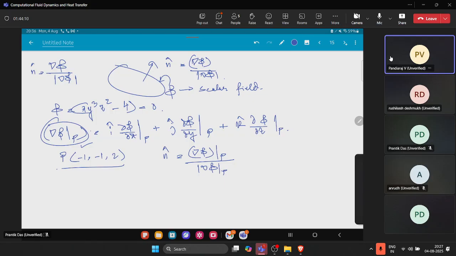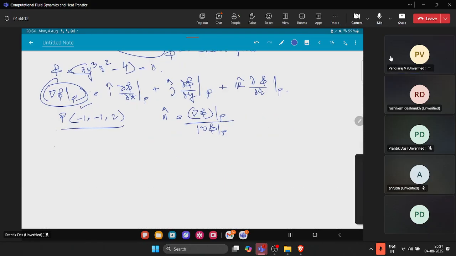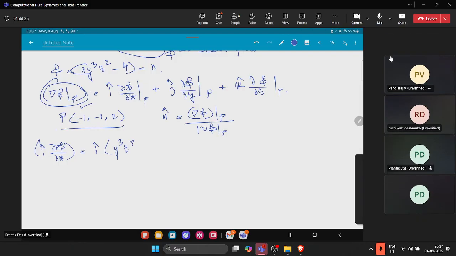I am showing you how to find the gradient. If I want to find the x component, that is i cap multiplied by d phi/dx. And d phi/dx is basically y cube z square, and the minus 4 is a constant, so that will be 0. So this will be the x component. Here you have to put the values of y and z: y equals minus 1 and z equals 2.